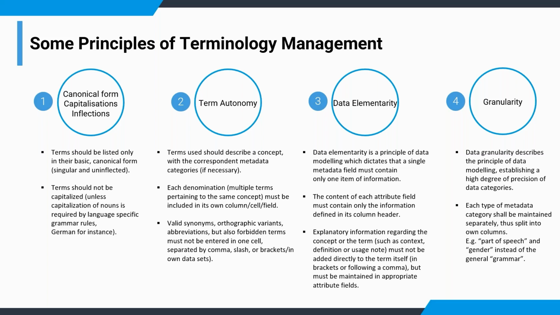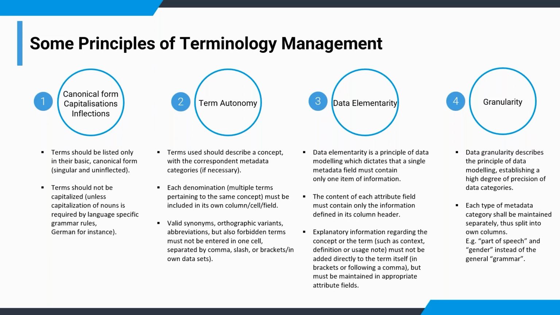Data elementarity is a principle of data modeling, which dictates, again, that a single metadata field must contain only one item of information. So things such as context, definitions, usage notes should not be added directly to the term. In other words, you don't say apply, bracket, verb. Again, every categorization has to be contained in its own specific field.